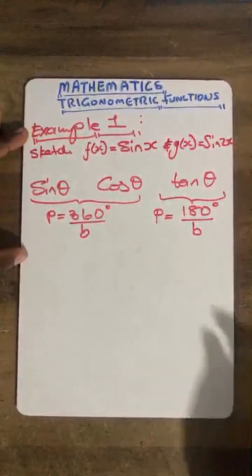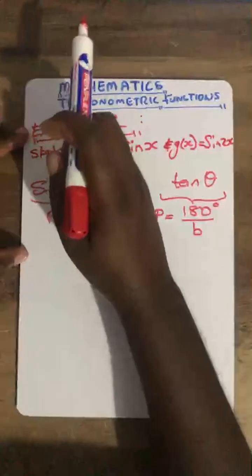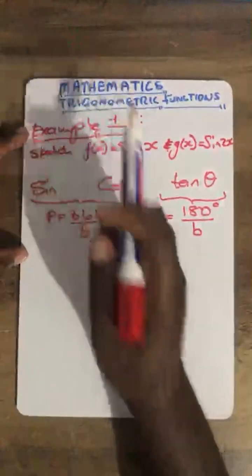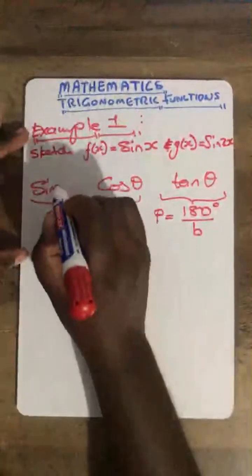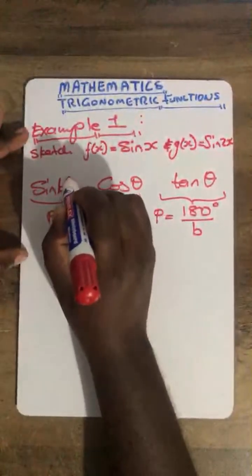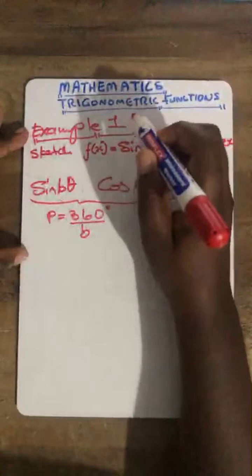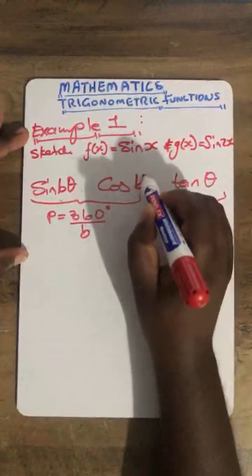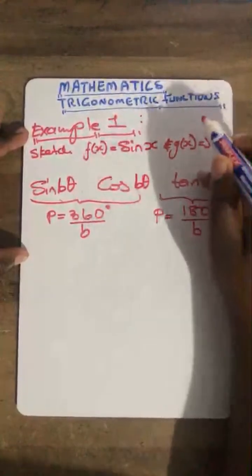Generally, in a function of sine, in between you have b, followed by an angle. The same goes for the others: a b followed by an angle.